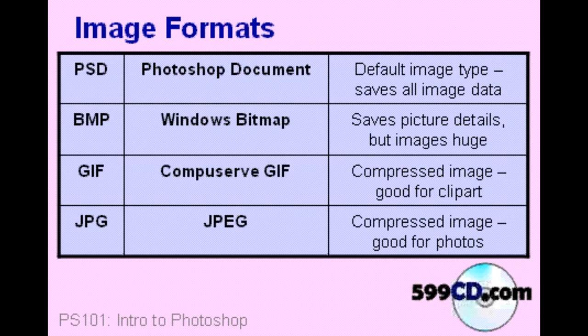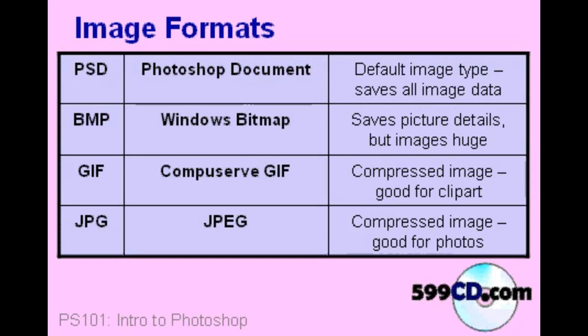Now let's talk a little bit about image formats that I mentioned a minute ago. These are the 4 most popular image formats that you're going to see while working with Photoshop. Now there are a ton of different image formats, but these are the big ones. A PSD file is a Photoshop document. Now, PSD is the default format for Photoshop.